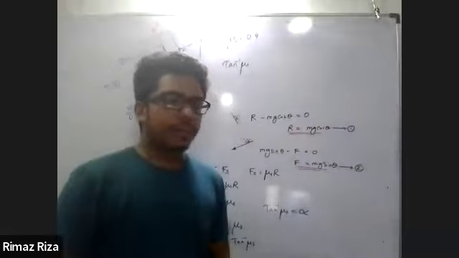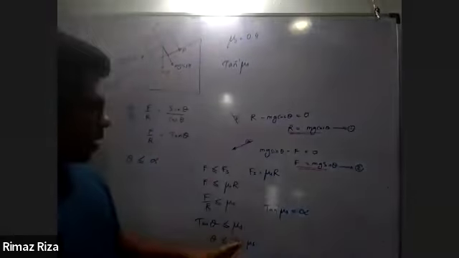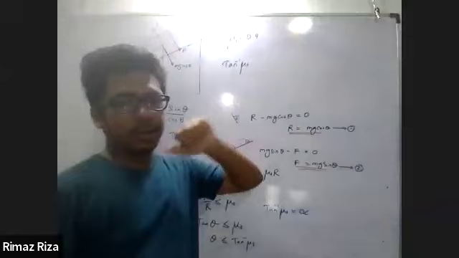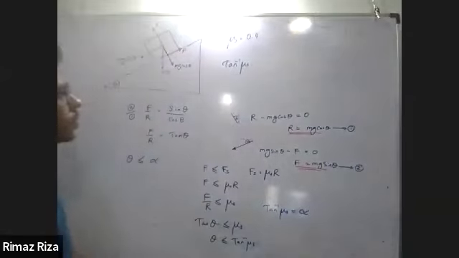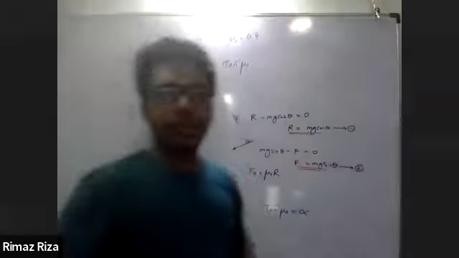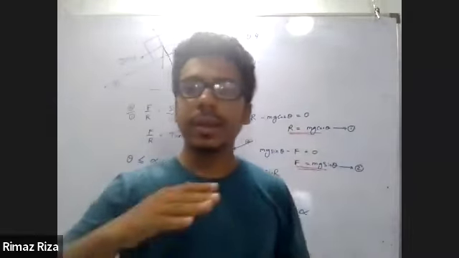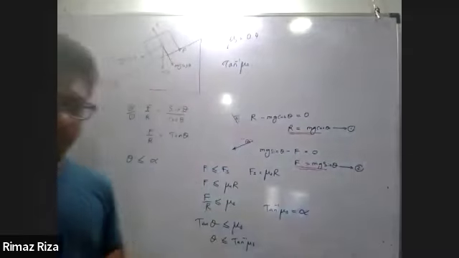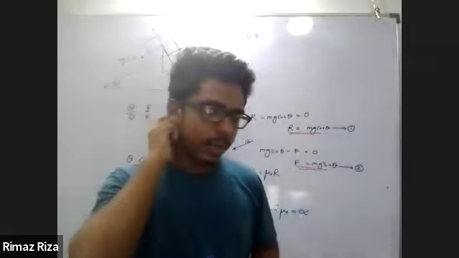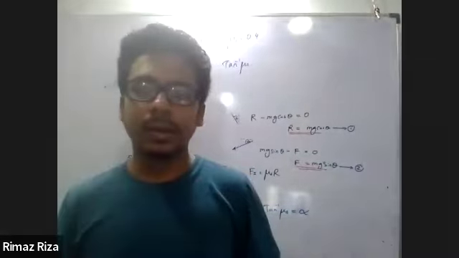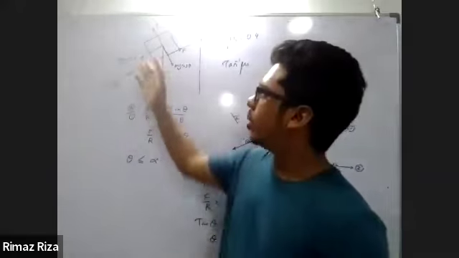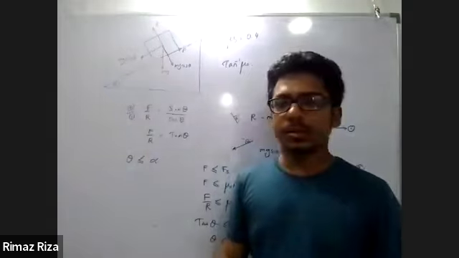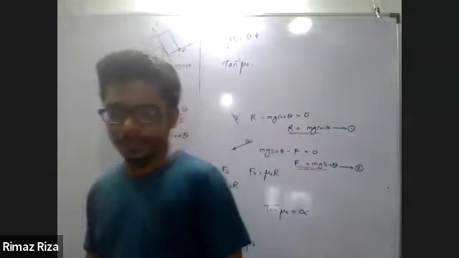And alpha is the maximum angle that the inclined plane can take so that the object remains in equilibrium.